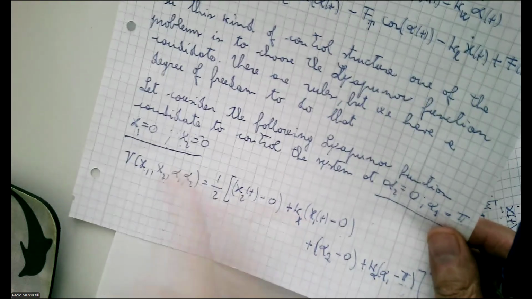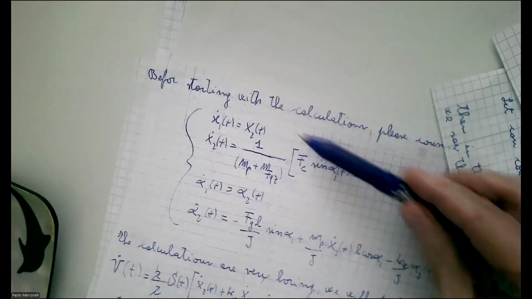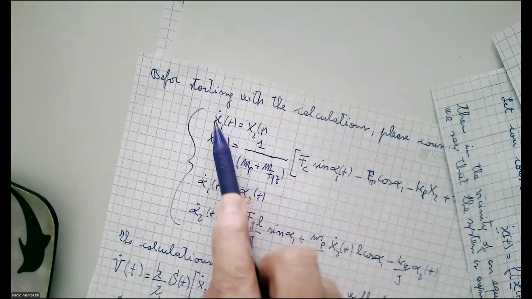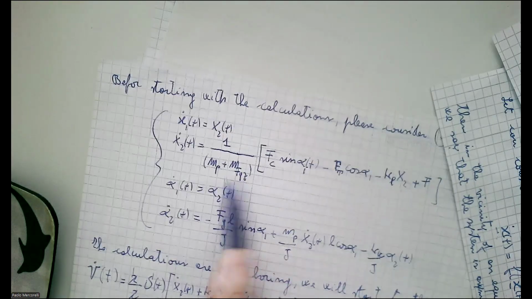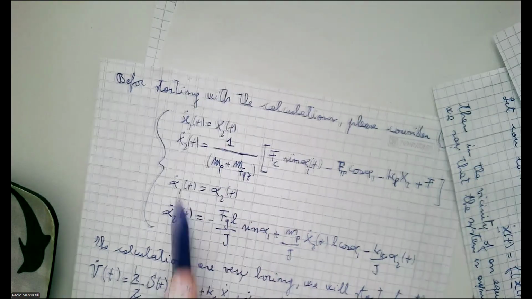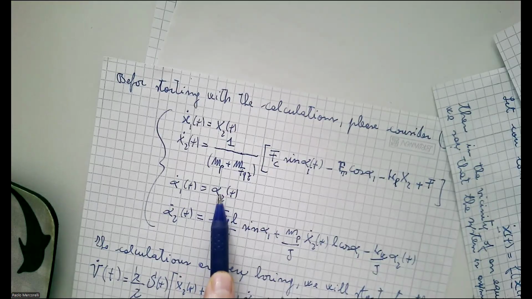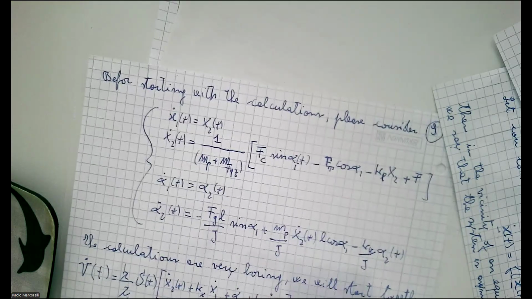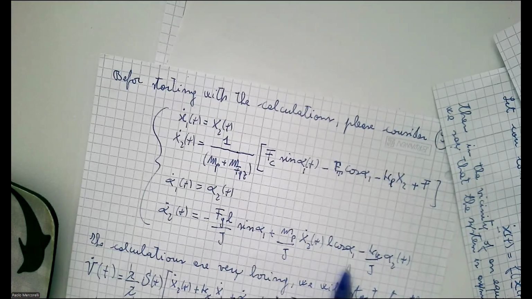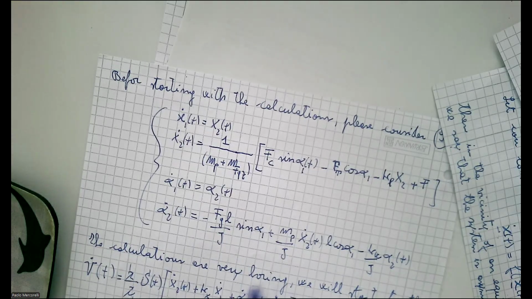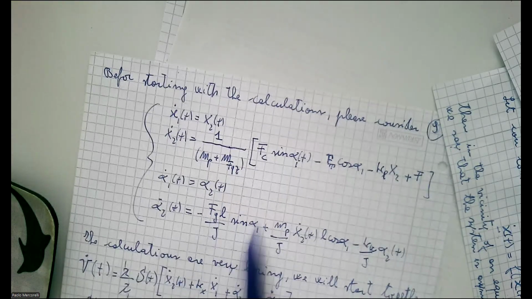If I start with this Lyapunov function candidate, x1 derivative equals x2, x2 derivative equals the equation alpha 1 derivative alpha 2, and the second long equation is a little bit different, as I told you before, but anyway we can see some elements that are a little bit similar.